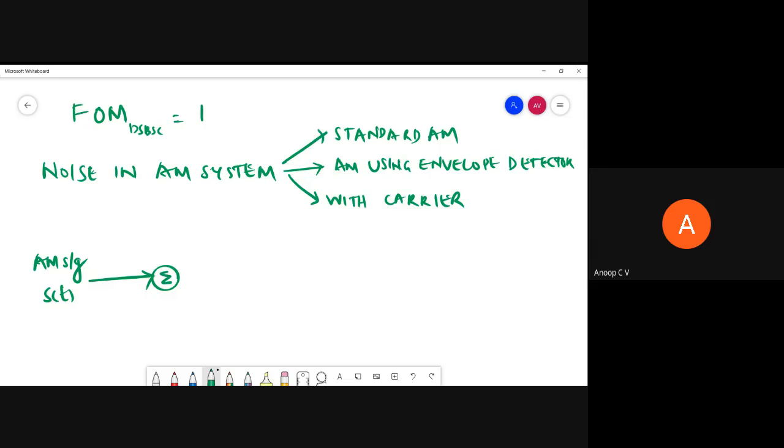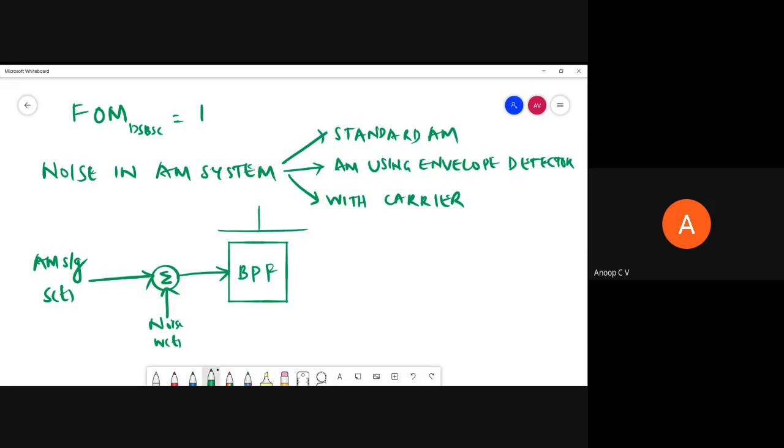Then we have additive white Gaussian noise w(t) contaminating our AM signal. This we will pass through a band pass filter.